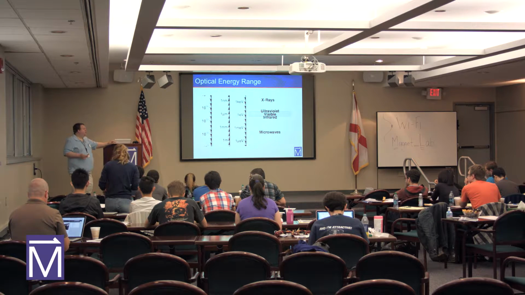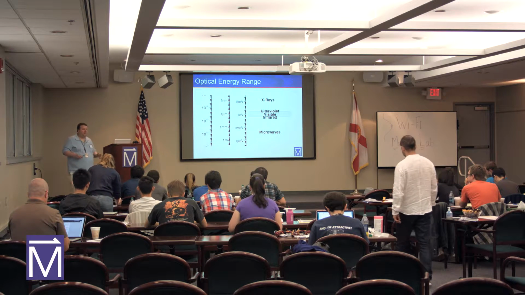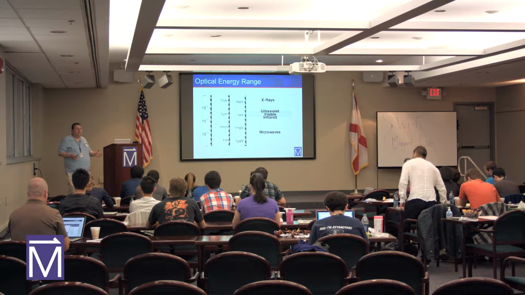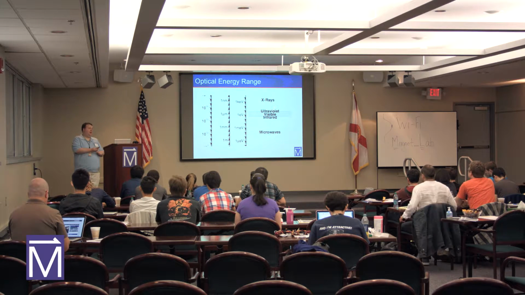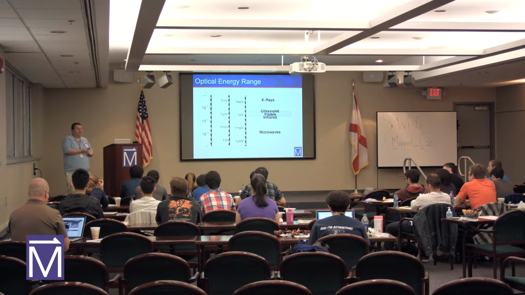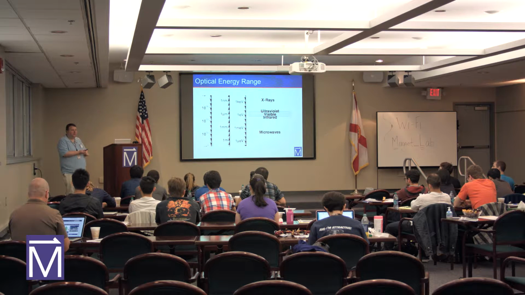This is the energy range of the outer shell electrons. That's why visible spectroscopy is so important to chemistry, because so much of organic systems involve the behavior and the function of electrons in the outer shells. And this is the energy range of those interactions.